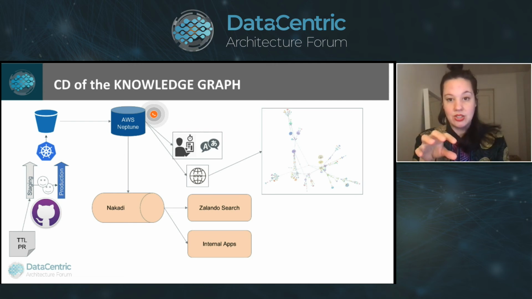Once the changes are in AWS Neptune, we can already see a few of our applications having the newest fashion concepts. One application is where we manage all the different language versions of the labels. We define the labels in the GitHub repository, I think only in English. At some point we were also managing in German.